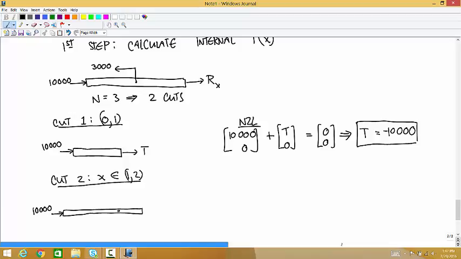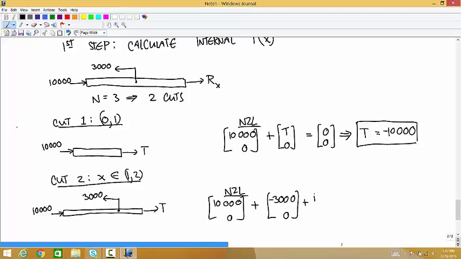Then we have the 3,000 pointing to the left in the middle. And then we have our internal T. So Newton's second law says 10,000 plus negative 3,000 plus T is equal to 0. And so T is equal to negative 7,000.